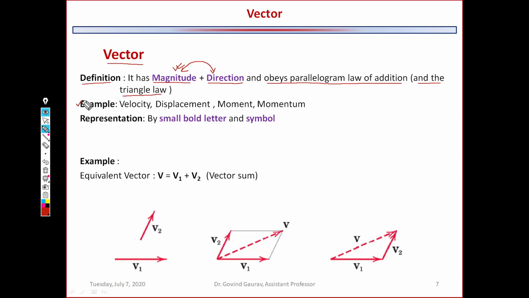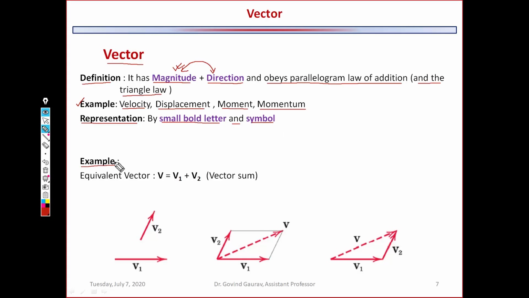Examples of vector quantities are velocity, displacement, moment, momentum, and so on. The representation of vector quantities is by small bold letters.